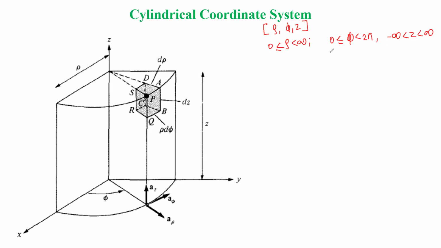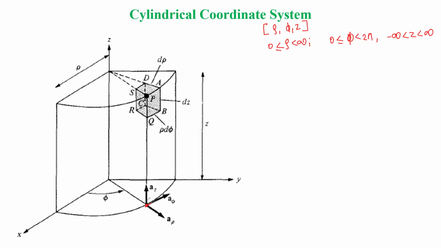In the Cartesian coordinates, x, y, z all three had the same range, minus infinity to plus infinity. Now here, if you consider some point at the surface of the cylinder, a rho is the radially outward vector, a phi is in this direction, anti-clockwise, and a z is perpendicular to this.